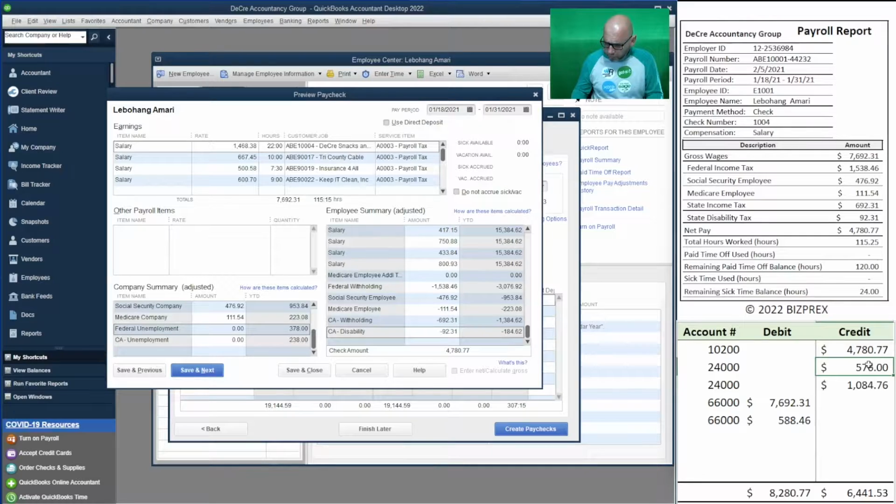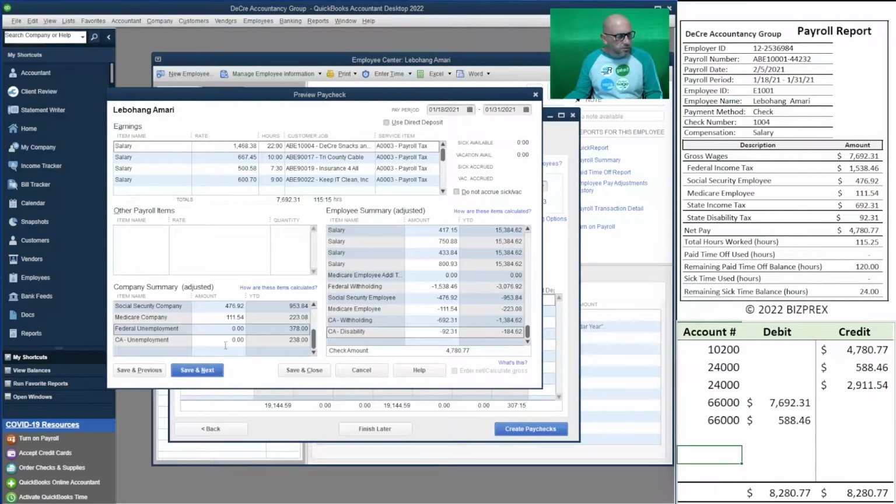So it has two portions: the employer portion, and then the portion for the employee that we're holding. Again, debits and credits equal each other. That's what we just demonstrated, right?